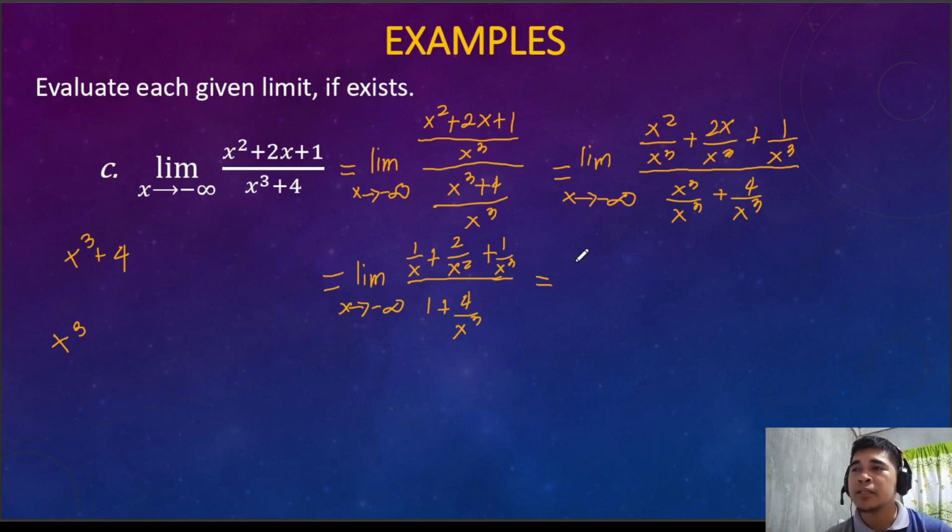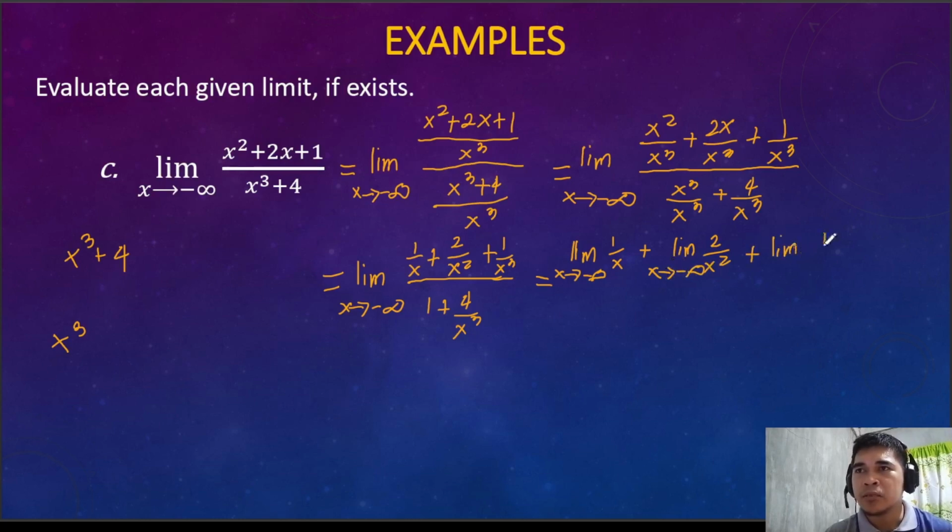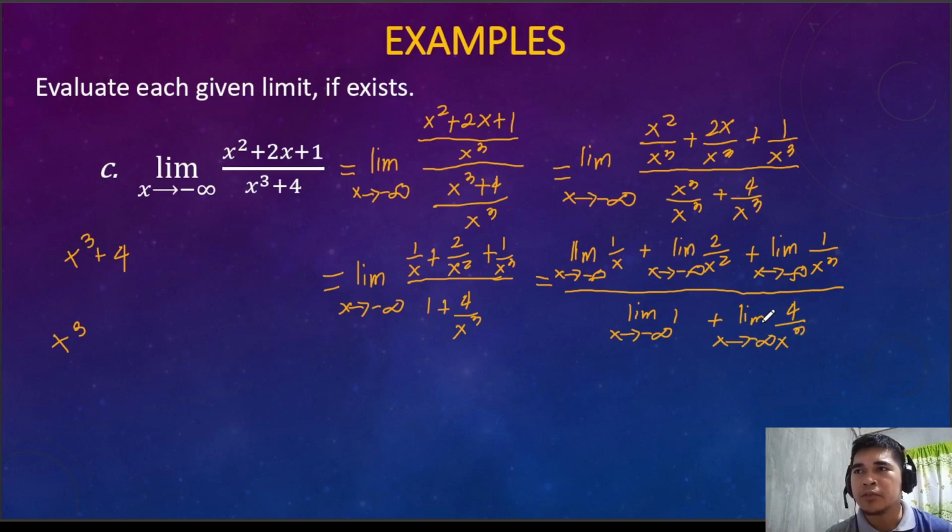Okay, now let's apply the limit. We get limit of 1 over x as x approaches negative infinity plus limit of 2 over x squared as x approaches negative infinity plus limit of 1 over x cubed as x approaches negative infinity, all over limit of 1 as x approaches negative infinity plus limit of 4 over x cubed as x approaches negative infinity.